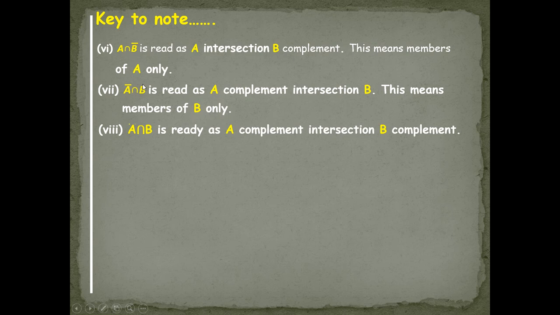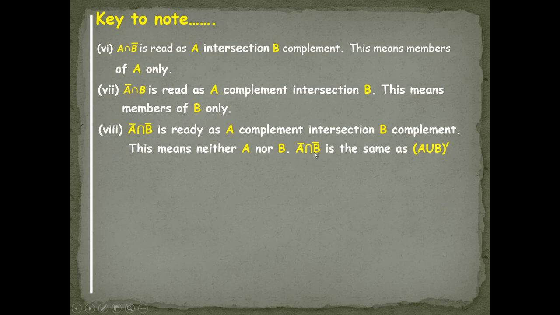So A complement intersection B complement means neither set A nor set B. This part here, A complement intersection B complement, is outside A and outside B: elements that are not in A and at the same time not in B. So A complement intersection B complement is the same as A union B in brackets complement.